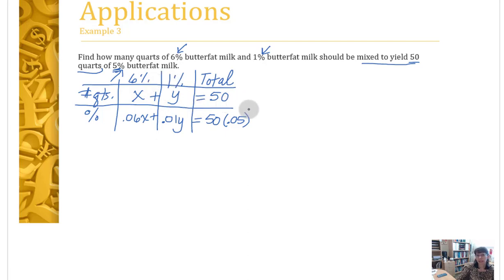From this, we get our system of equations. X plus Y equals 50, and 0.06x plus 0.01y equals the product of 50 times 0.05, which is 2.5.